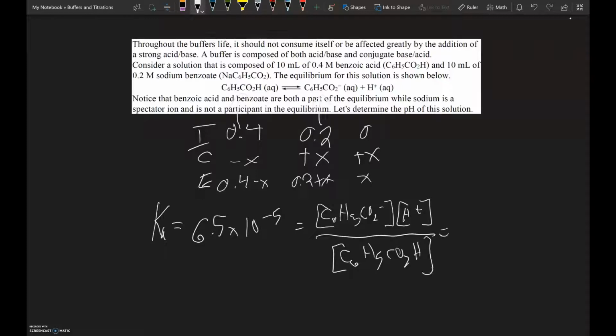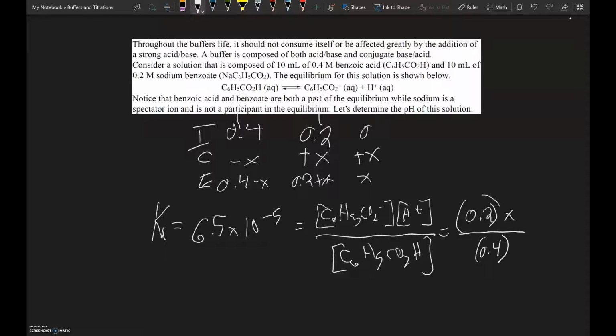Now we input the values from the equilibrium, and we're going to solve for x. We're going to make the assumption that the minus x and plus x are negligible, so that helps to simplify the math. And again, you can use the quadratic equation if you want, but I'm going to try to keep it as simple as we possibly can for now.